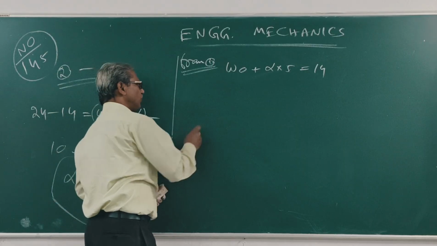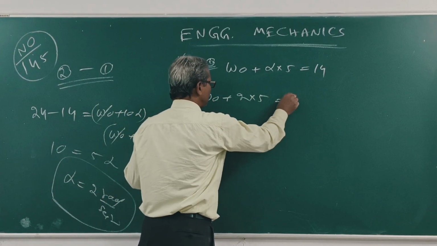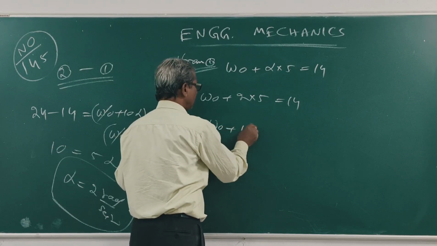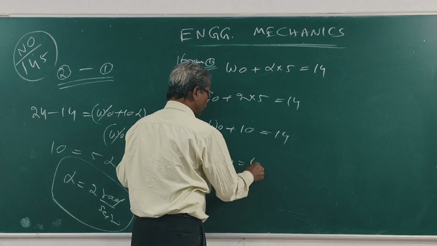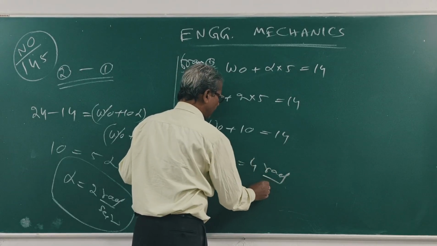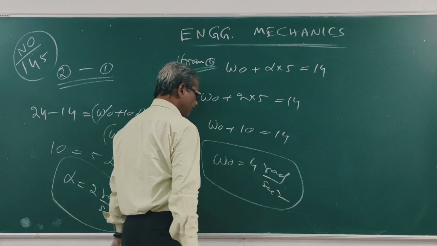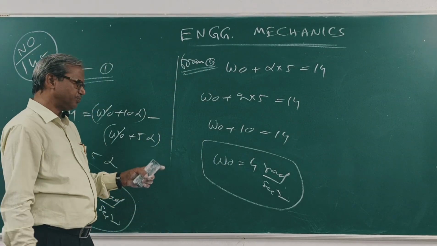So omega 0 plus 2 into 5 is equal to 14. So omega 0 plus 10 is 14. What is omega 0 equal to? 4 radian per second. Clear? This is omega 0, this is alpha.